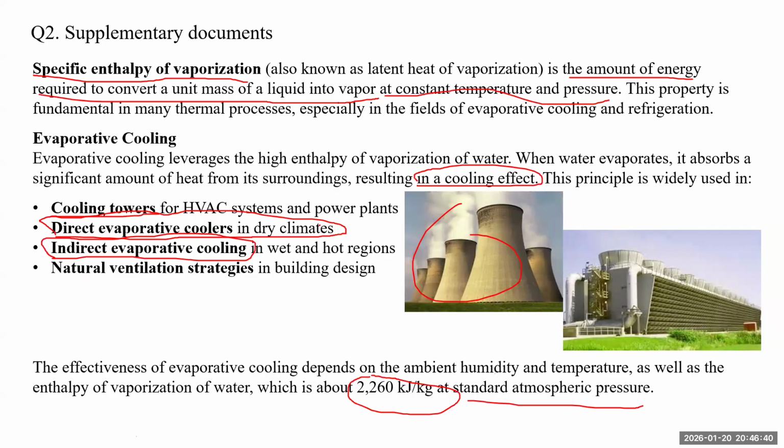For the vaporization and specific enthalpy of vaporization of refrigerants, these are also popularly used in our refrigeration and air conditioning systems. The refrigerants also vaporize and condense. During that process, they absorb heat and release heat.